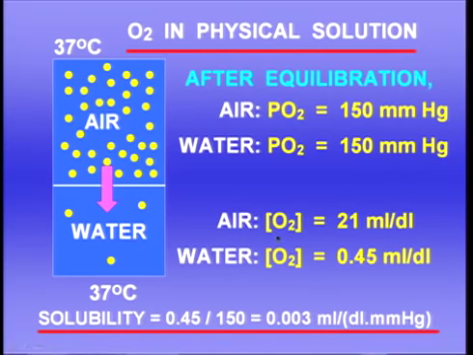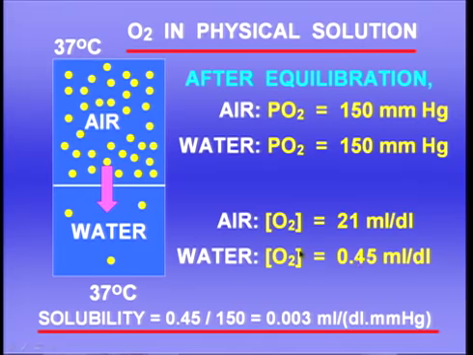Not useful questions. The only way we can think of the partial pressure of a gas in a liquid is the partial pressure of the gas in equilibrium with the liquid. So that's a very important concept. Now, we saw that the concentration of oxygen in air is 21 mils per deciliter. What about the concentration of the oxygen in the liquid?